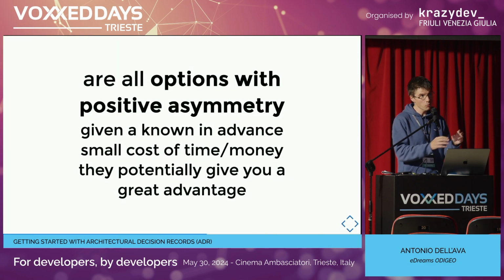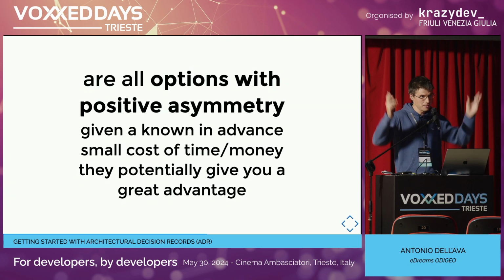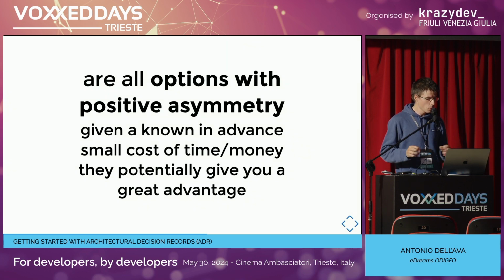I will also add: they are all options with a positive asymmetry. I'm speaking with risk analysis in mind, okay? They are all options that cost, they need an investment, but this investment of time is known in advance and it's relatively small. But they potentially give you a great advantage in the future, okay?